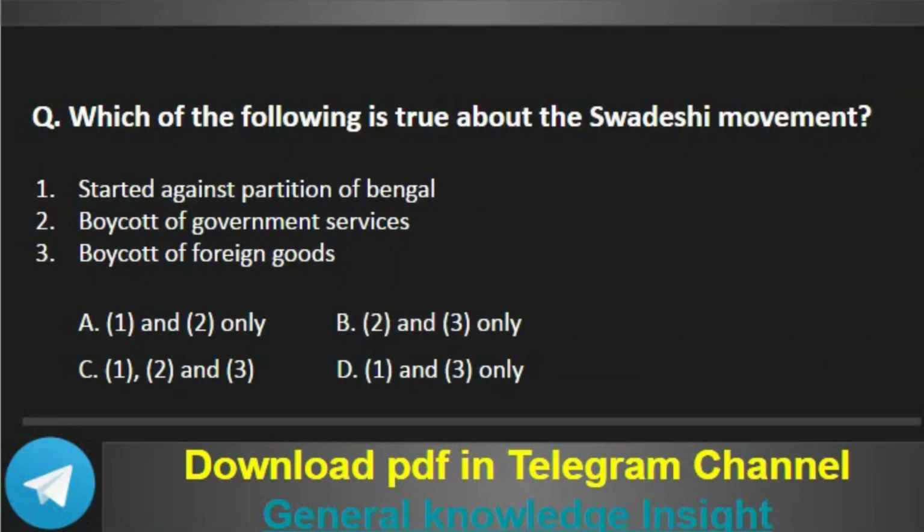Next question, which of the following is true about the Swadeshi Movement? Here the correct answer is option C, that is 1. Started against partition of Bengal, 2. Boycott of government services, and 3. Boycott of foreign goods.